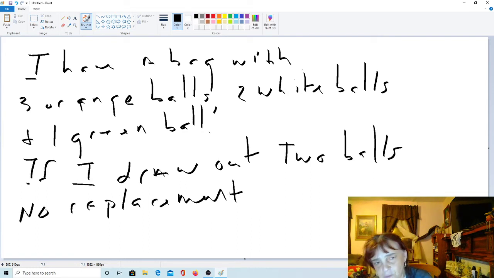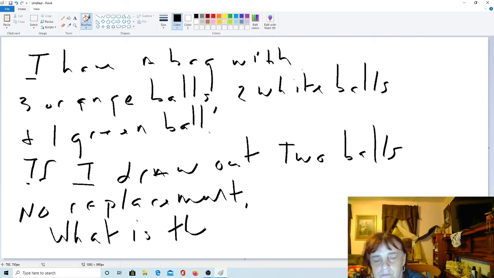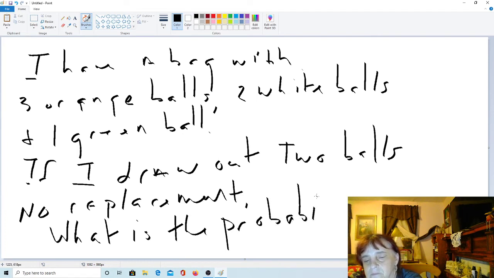okay, you have 3 orange balls, 2 white balls, and 1 green ball. If I draw 2 balls without replacement, what is the probability both are orange?